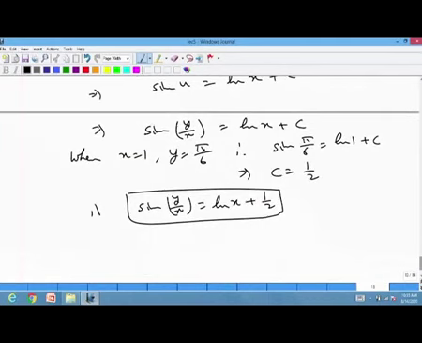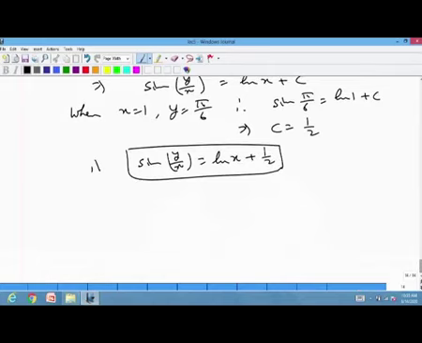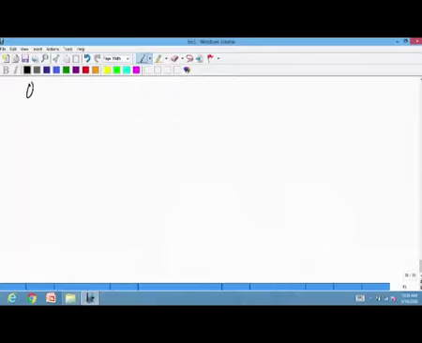So, this was an example of an ODE which is in the homogeneous form. Let us do question number 4.